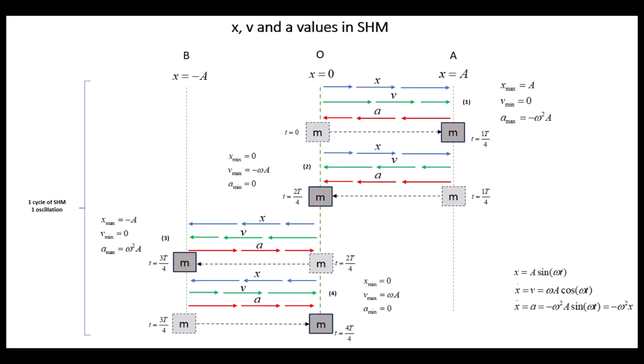Let's now have a consolidated look at the values of the displacement, velocity, and acceleration during the 4 quarters of a cycle of simple harmonic motion.